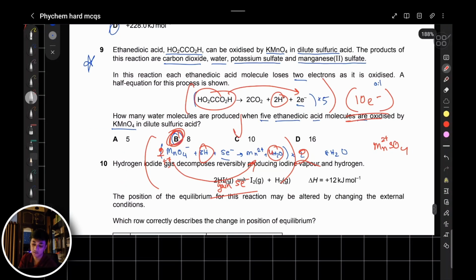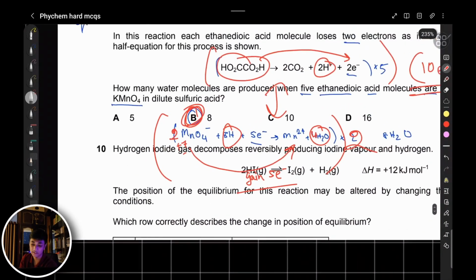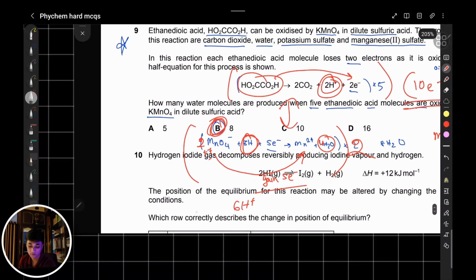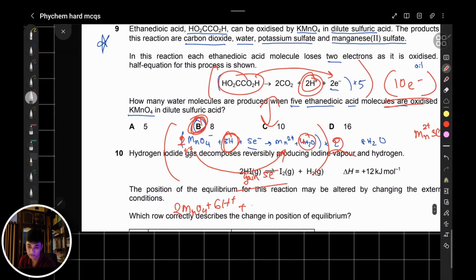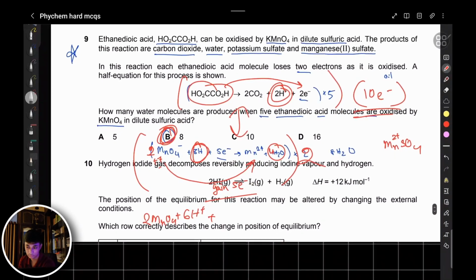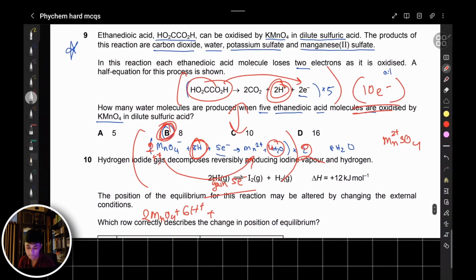If you add these two reactions, you're going to be left with 8 minus 2, 6 hydrogen ions on the left hand side, and 2 MnO4, and 5 moles of ethanedioic acid, HO2CCO2H, and you will have 10 electrons.